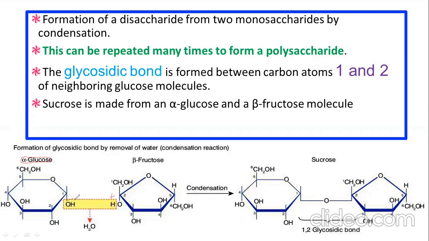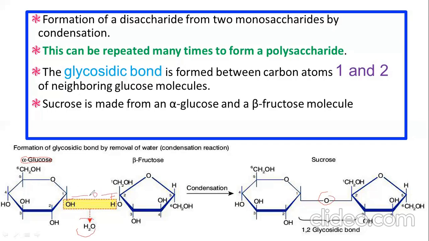Now the reaction in which joining of two molecules takes place and elimination of water takes place, that is called what? Condensation reaction. So in this case, if you see here, an oxygen bridge forms. Why? When this water is eliminated, this oxygen will remain between these two molecules.